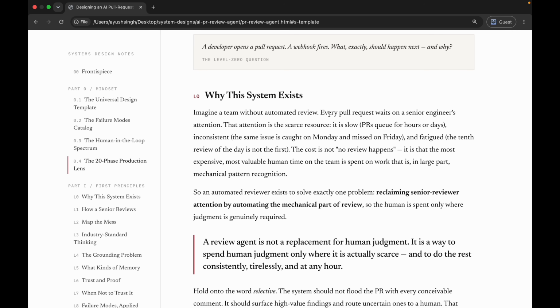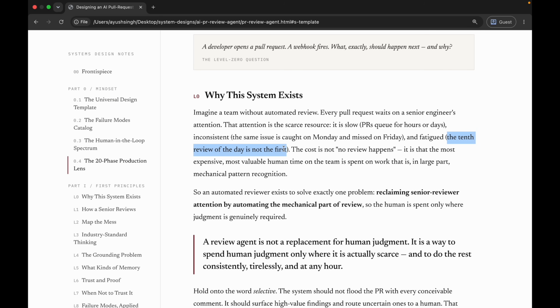By the time you get to the 10th, you will notice that fatigue sets in, and your ability to work with the same energy and the same intelligence at the 10th point will be very low. Because of that, inconsistency occurs. That's what fatigue means: the 10th review of the day is not the same as the first.